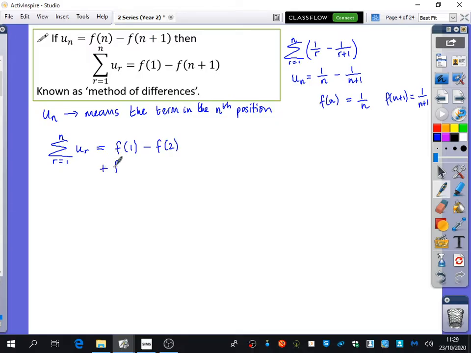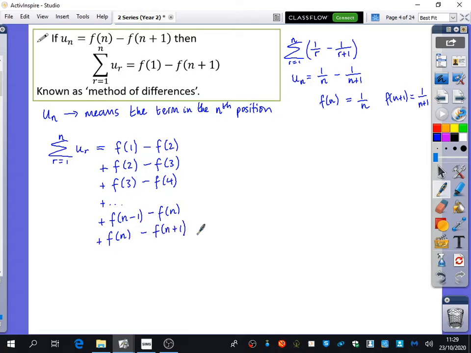Then when I substitute in 2, I would have f of 2 minus f of 3. And then I would have f of 3 minus f of 4. I'm going to put plus dot dot dot. And then I would have f of n minus 1 minus f of n plus f of n minus f of n plus 1. So that's exactly what we just did on the previous page, but I'm doing the whole thing using function notation.